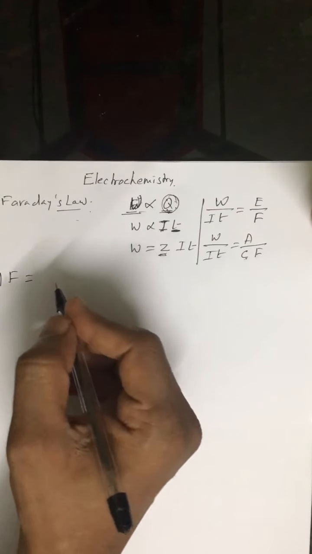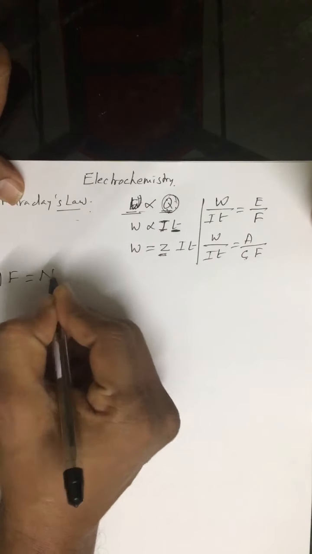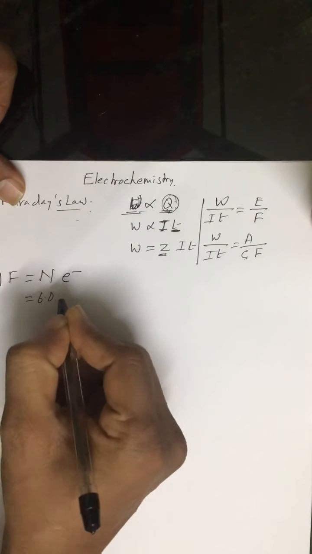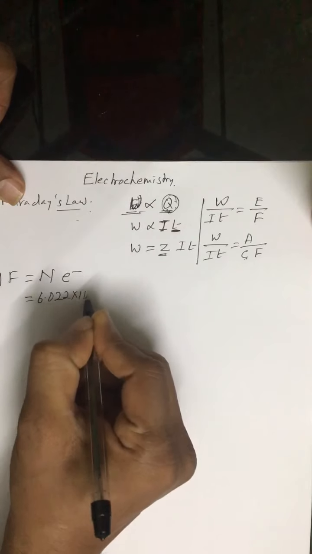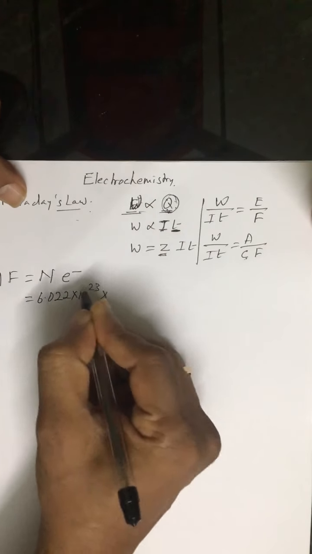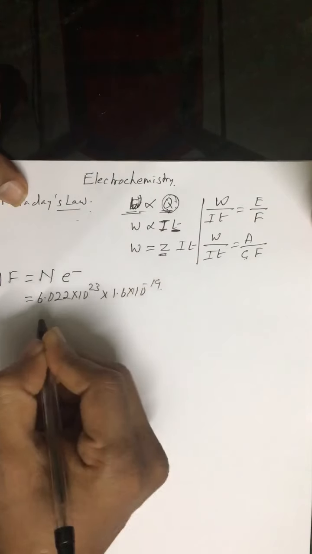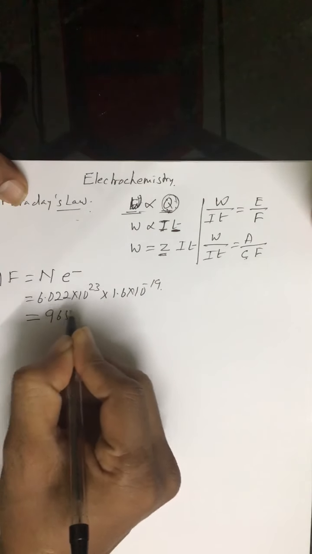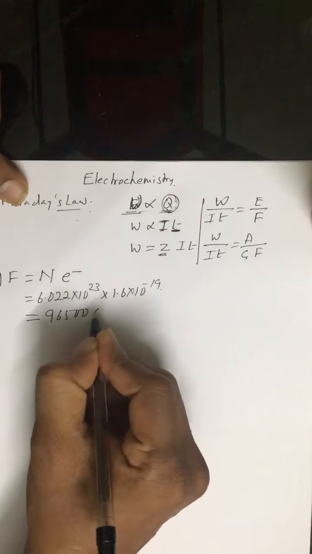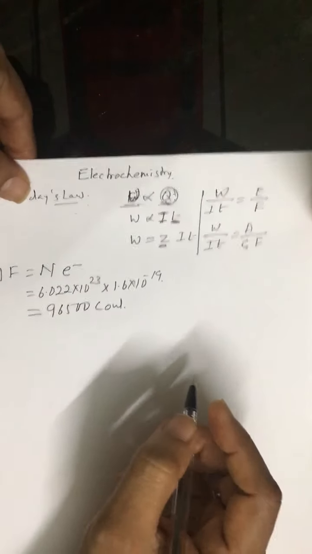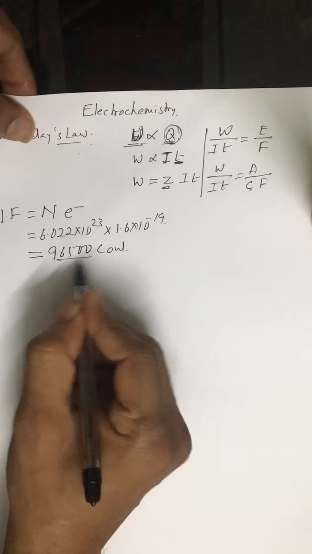It is given by N into E. N is 6.022 into 10 raised to power 23, and electronic charge is 1.602 into 10 raised to power minus 19. The product is around 96,500 coulombs. This is very important.